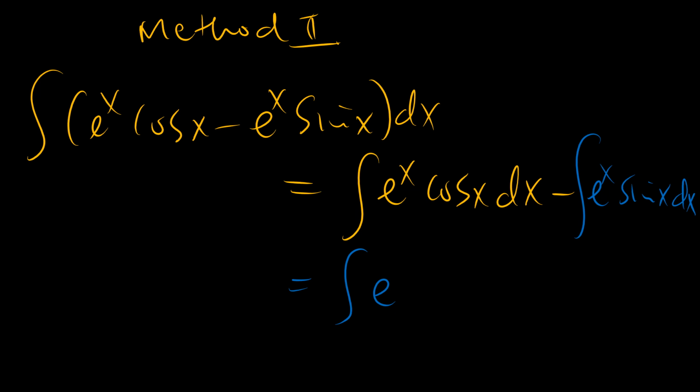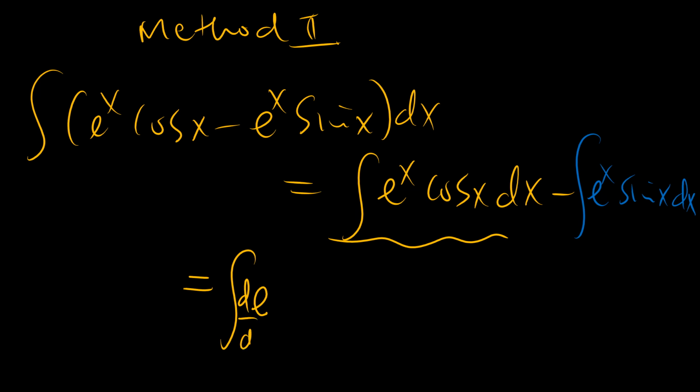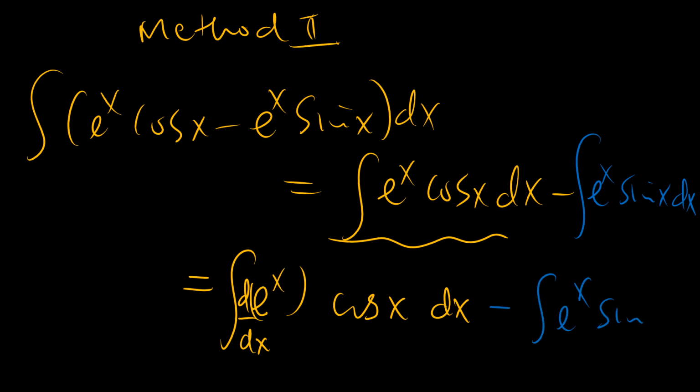Let's delete that so that looking at this, we have the derivative of e to the power x cosine x, and then maintain what we have on this side in the second part.